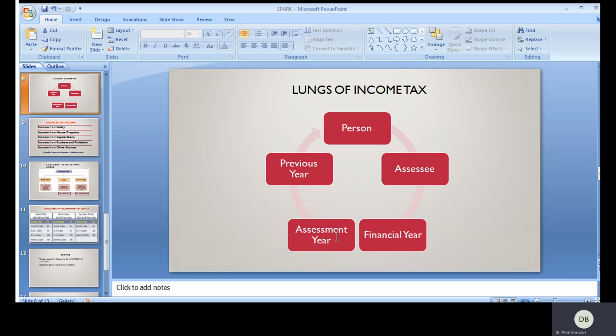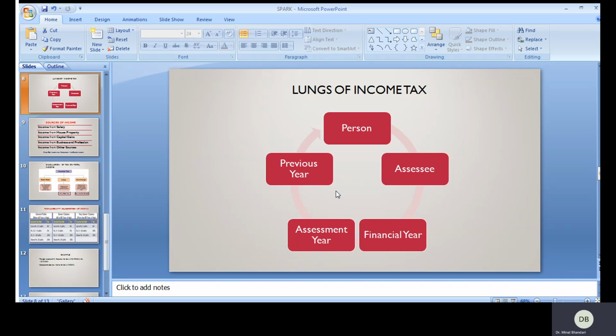the income of that particular previous year we take into consideration, and it is called the previous year. That means when we enter 1st April 2021 to 31st March 2022, the last financial year will be treated as the previous year. In short, previous year means the financial year immediately preceding the assessment year.